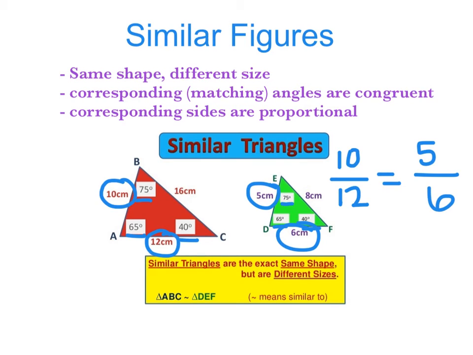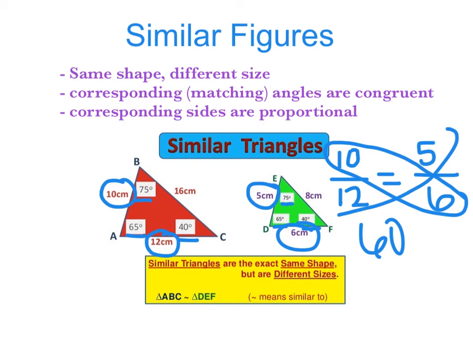And if those are truly equivalent, or if their cross products are equivalent, you know that they are in proportion. So if you check cross products, 10 times 6 is 60, and 12 times 5 is also 60. It means that those two figures are similar. Also remember that those are just two equivalent fractions, so if they simplify to be the same thing, then you know that they are also in proportion.